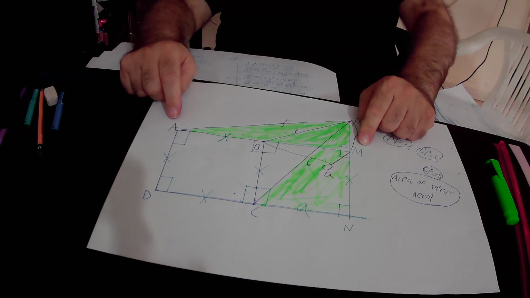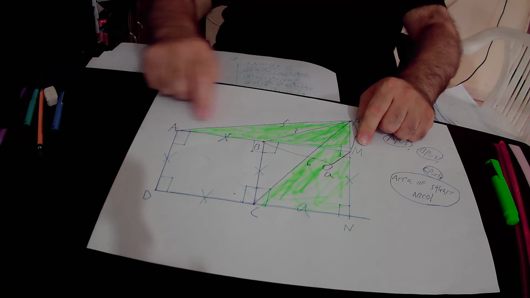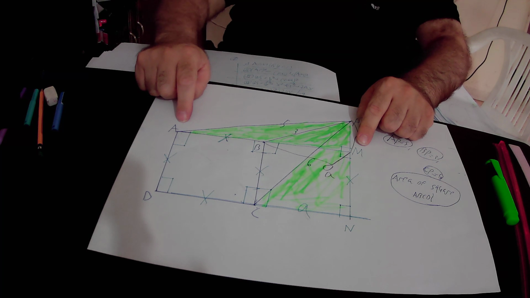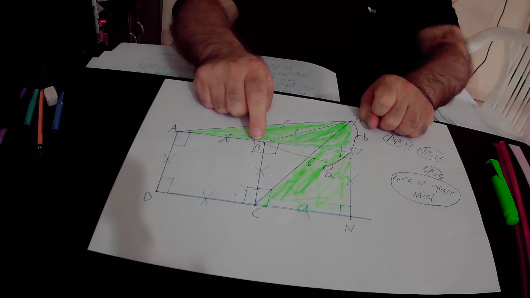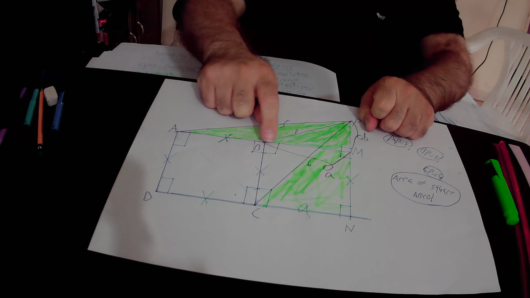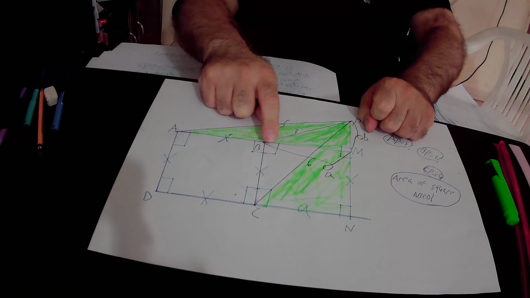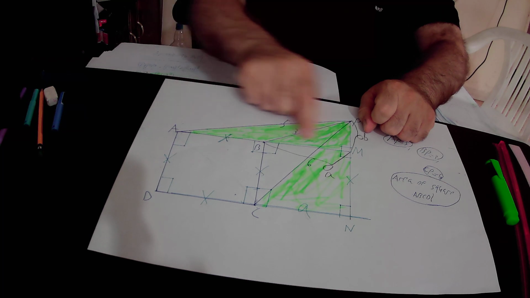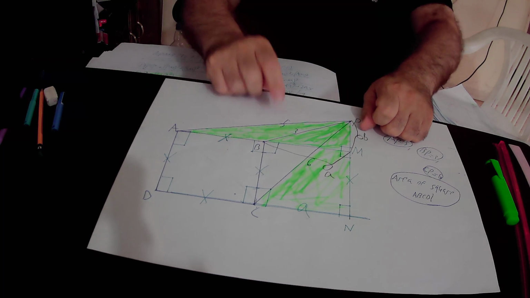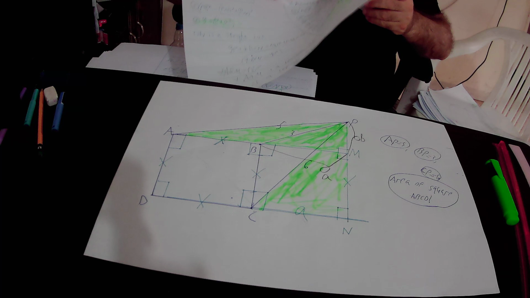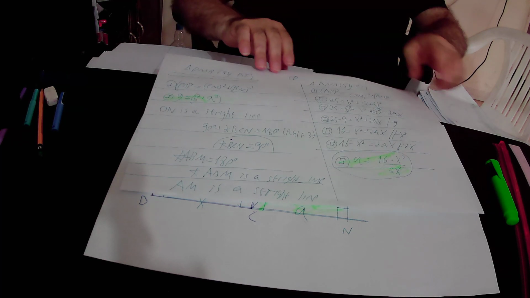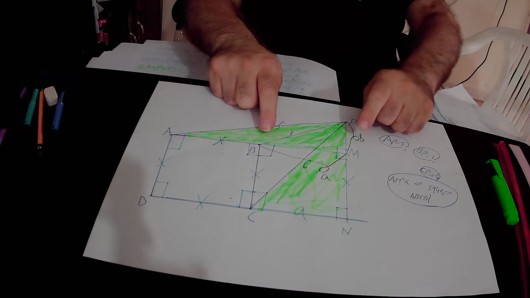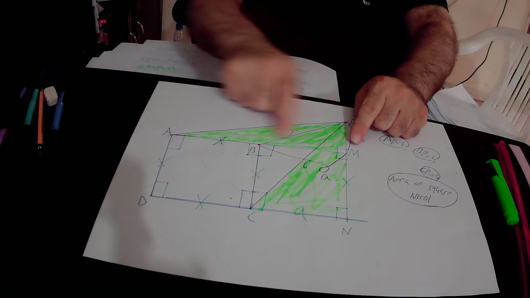Then we focused on the lower side of line segment AEM. At point B, we have this angle equal to 90 degrees, and this angle also equal to 90 degrees. 90 degrees plus 90 degrees is 180 degrees. So angle ABM equals 180 degrees.